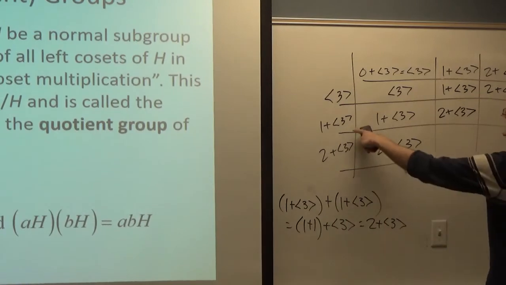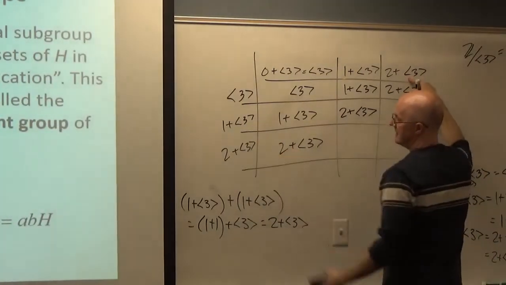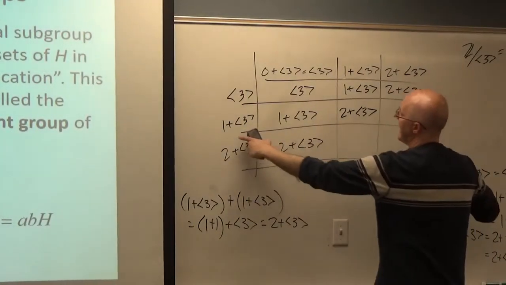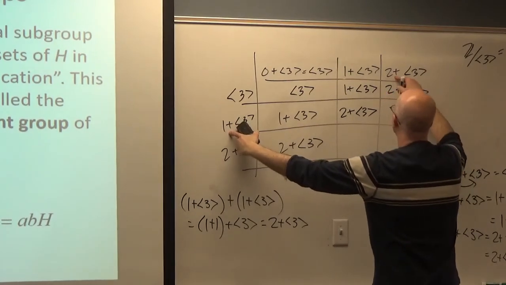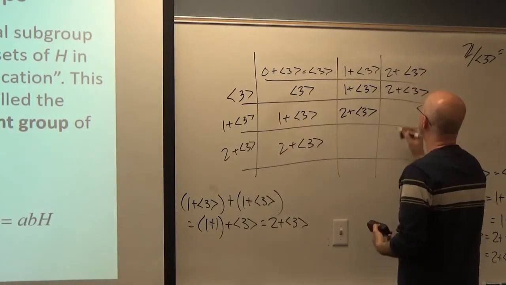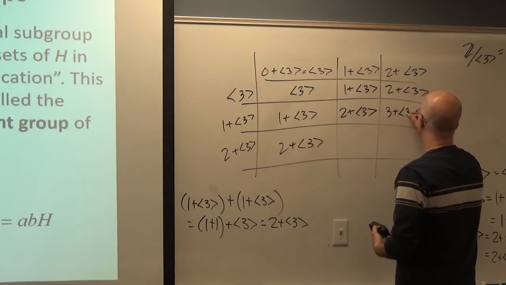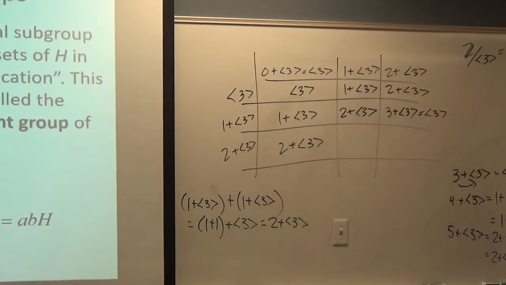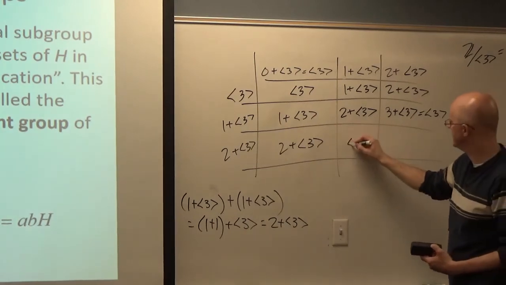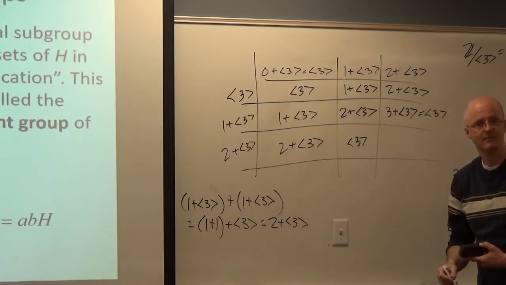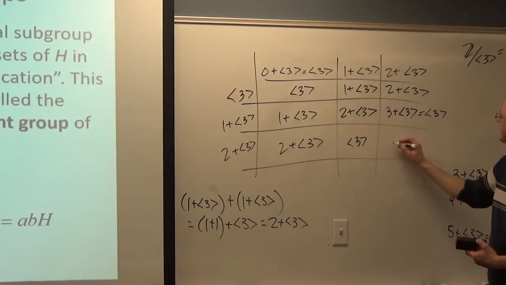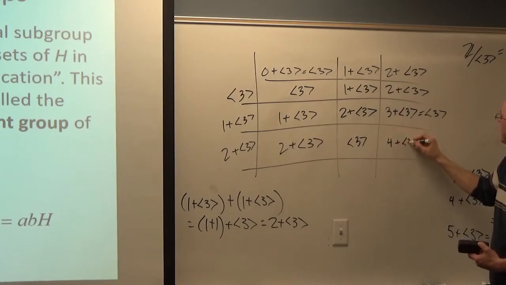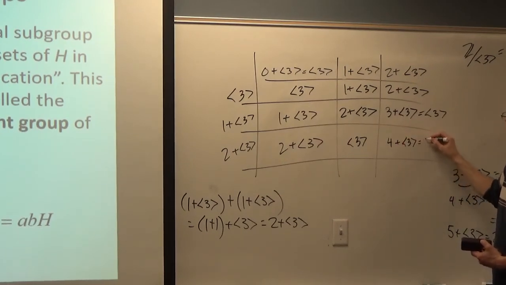If I add these two things, same kind of rule. I have to add the coset representatives 1 and 2 to get 3. But 3 is in the subgroup. This is the same as the identity element. This group is abelian. You'll get the identity element here too. And here 2 plus 2 is 4. But 4 is 1 plus 3.